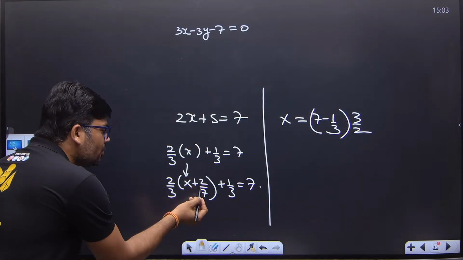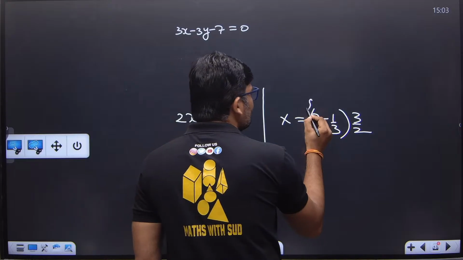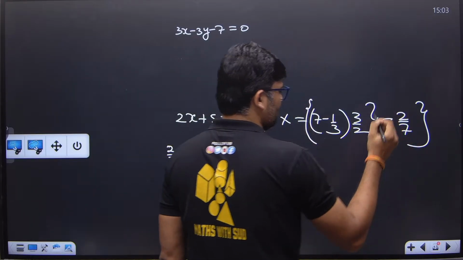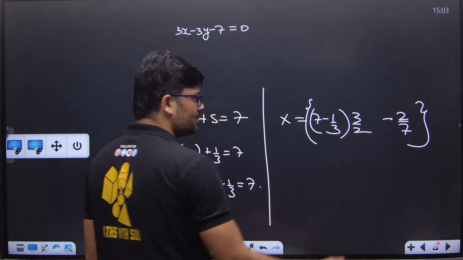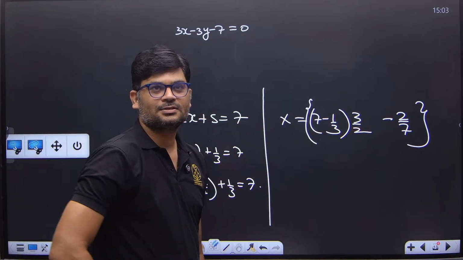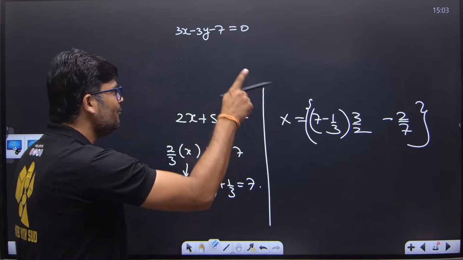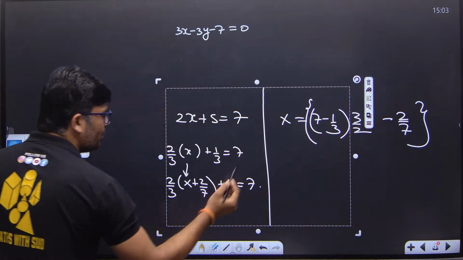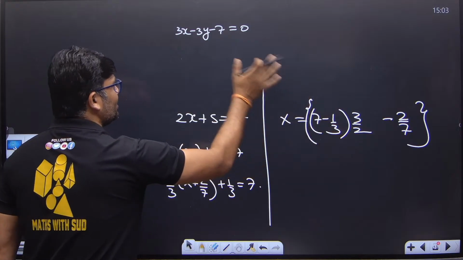Then you said it 2/7 more than a number, so you will subtract 2 by 7 from it. Did you get this? So in one step we can write what is x. The same process needs to be followed here as well. If you can understand this, you can write this. Please write this and then we will play with this.